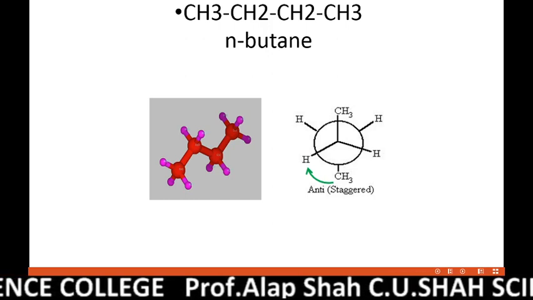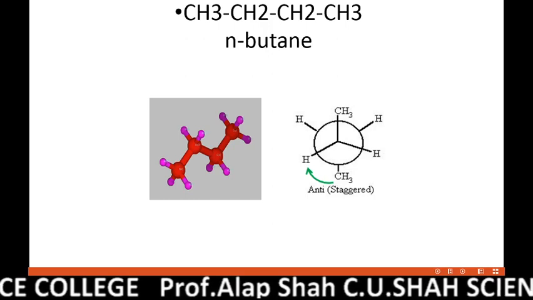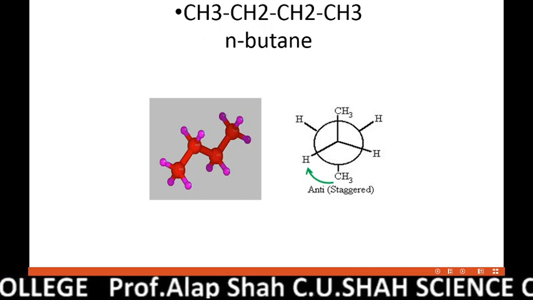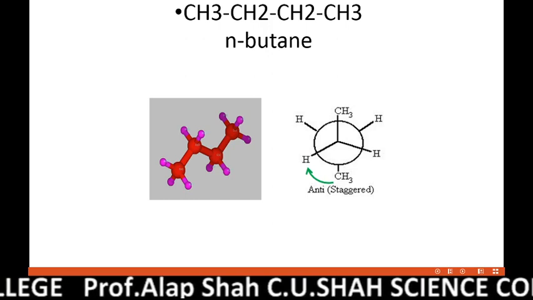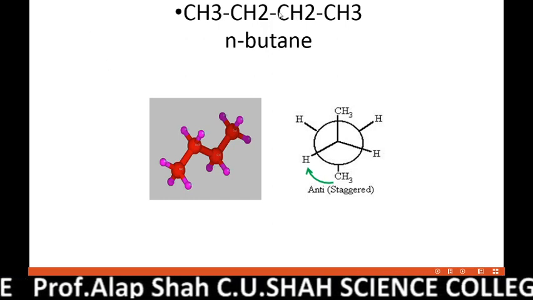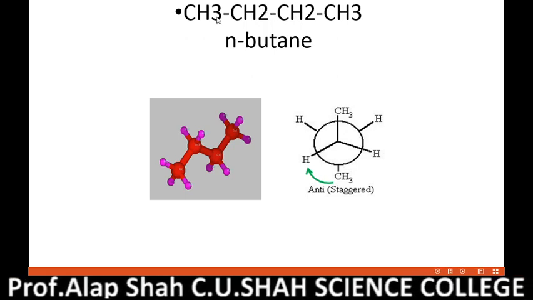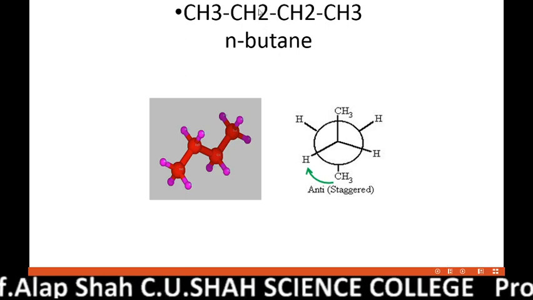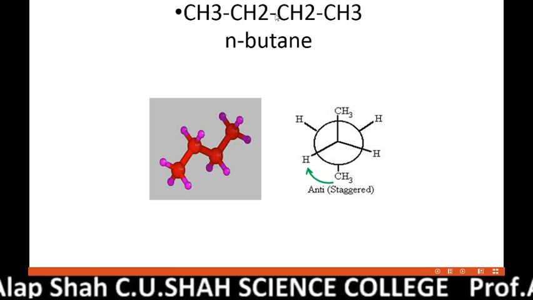But whenever this question is asked, we will only discuss the conformers of normal butane about this C2-C3 bond. We won't discuss the other conformers, only those about the C2-C3 free rotation.